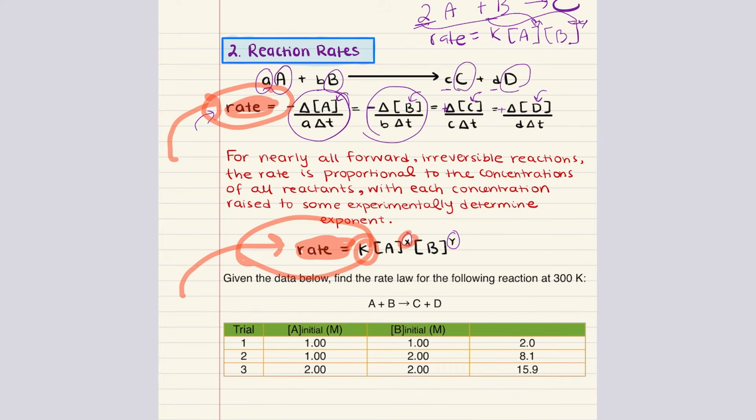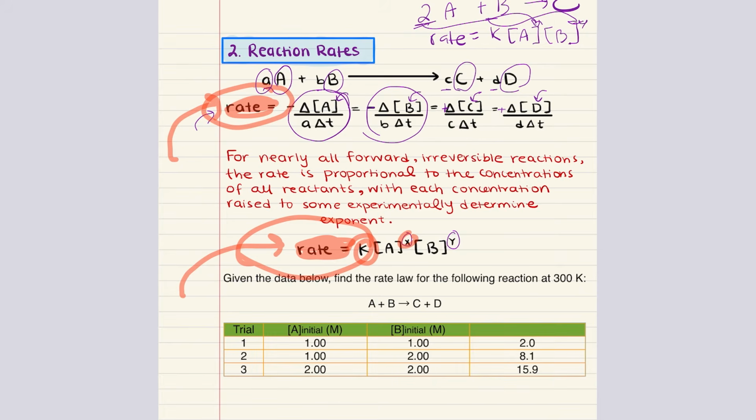The second common trap that students fall into is mistaking the equilibrium constant expression for the rate law. Don't confuse the equilibrium constant expression with the rate law. The equilibrium constant K expression relates the concentration of reactants and products at equilibrium.